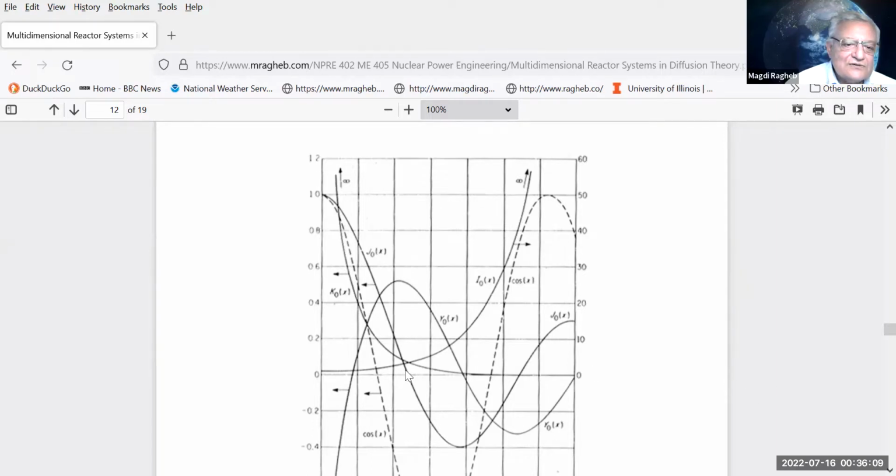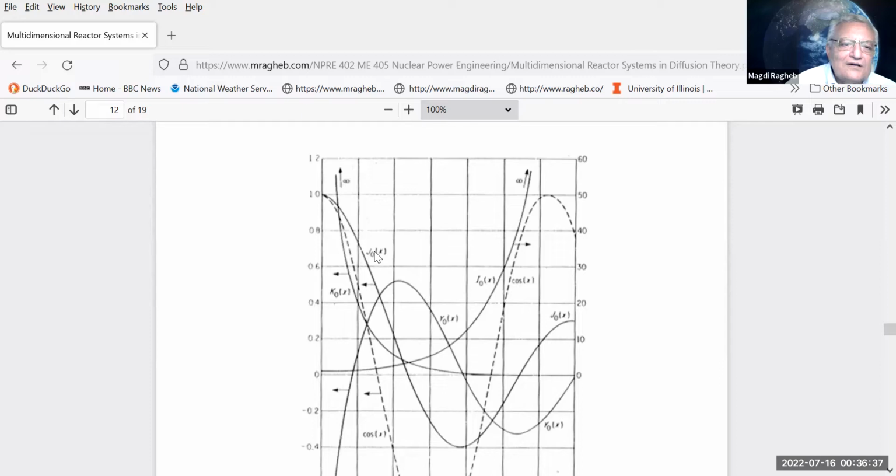The first zero, or root, of the Bessel function of the first kind of zeroth order is at that point, and you can read it here as 2.405. It has the same similarity as pi, when the sine function gets its first root at pi, or the cosine at pi, and then n pi, and so on.